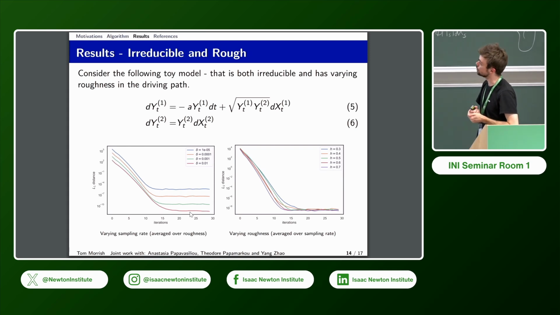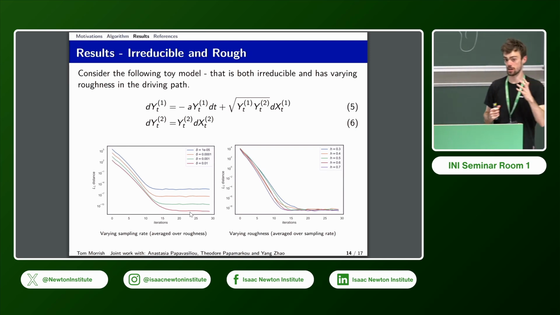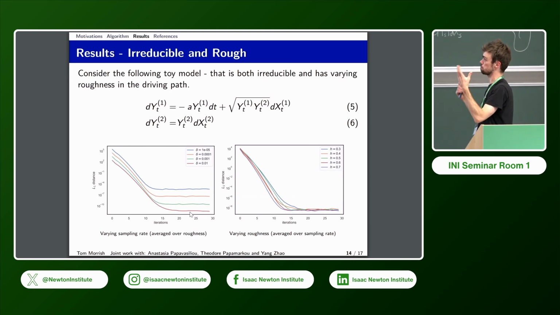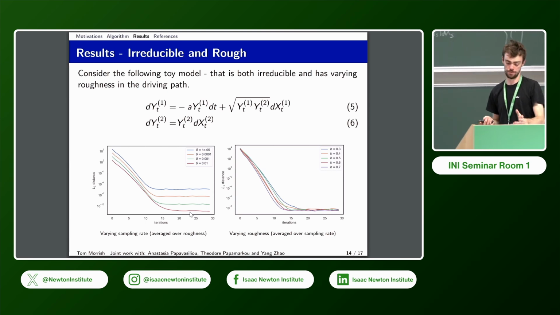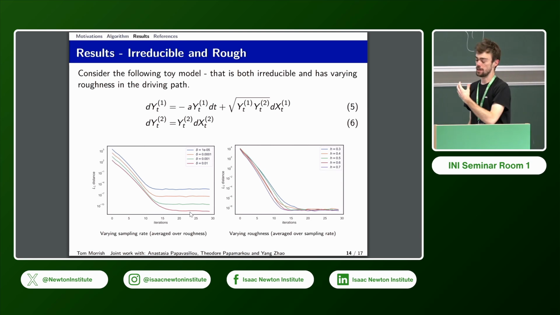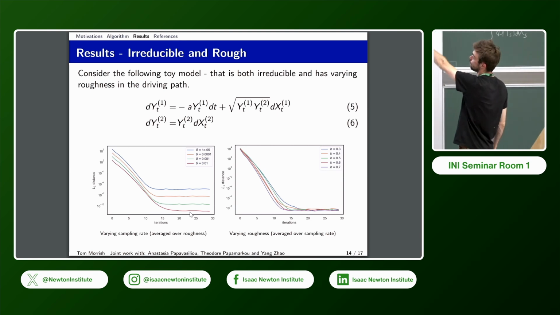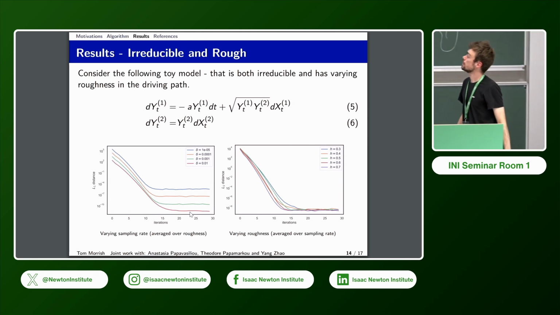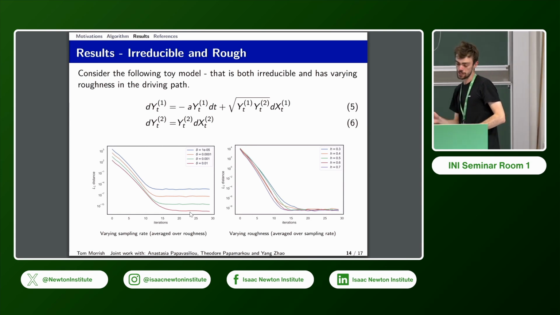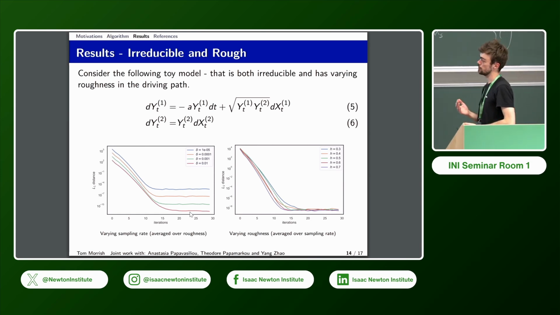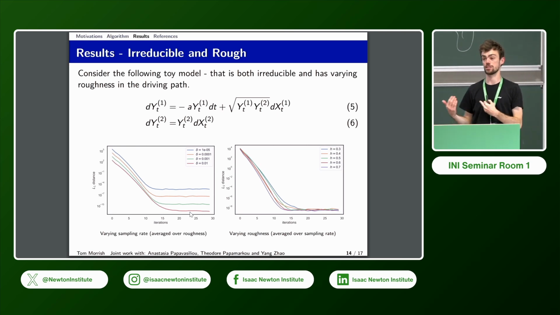In another model, where we wanted to use some fractional Brownian motion, because that's what we were talking about earlier, this is just an obvious square root model where you have some level of irreducibility. The reason it's irreducible is because there's a y2 in the top diffusion term. And the nice thing here is that it converges in the same number of iterations regardless of your sampling rate.